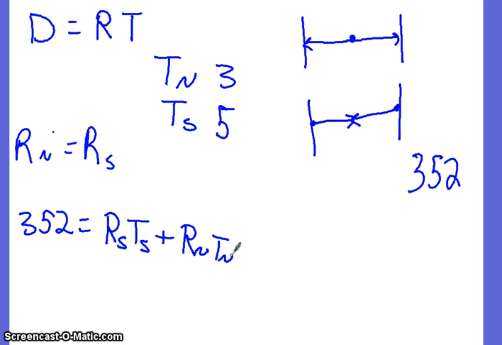So what can we substitute? Well, we can substitute time for where it belongs, and we need to find the rate for either the southbound or northbound. It doesn't matter because they're the same.